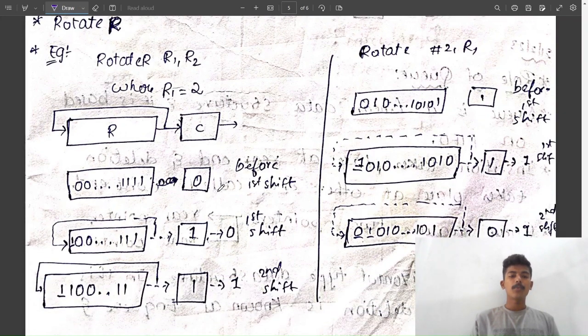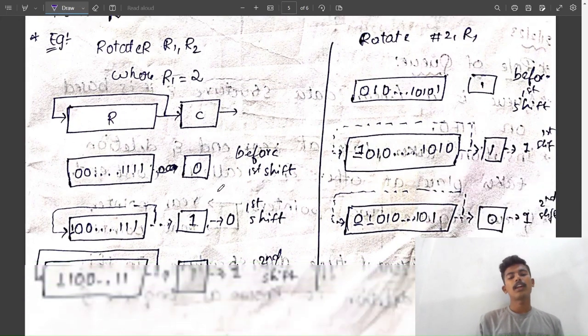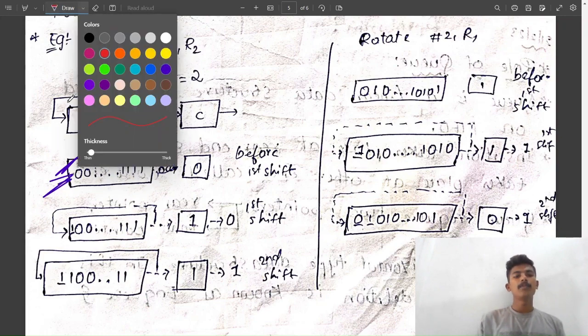That means we are performing two shift operations towards the right by using rotate right without carry. This is the data in the R1 register. This is before the first shift. After performing the first shift, what will happen?